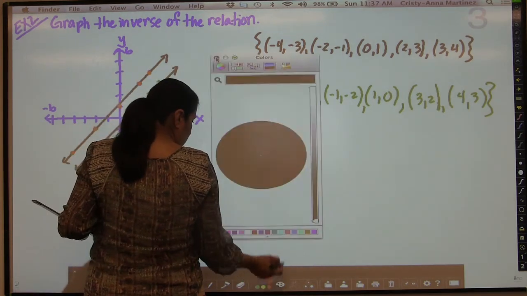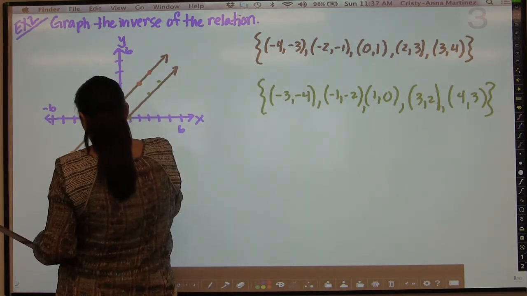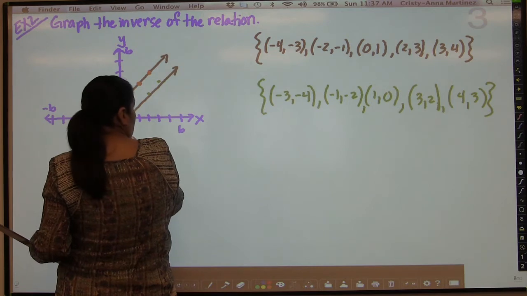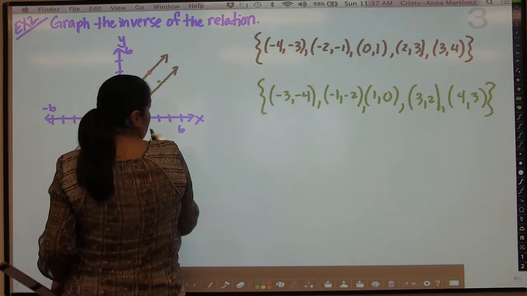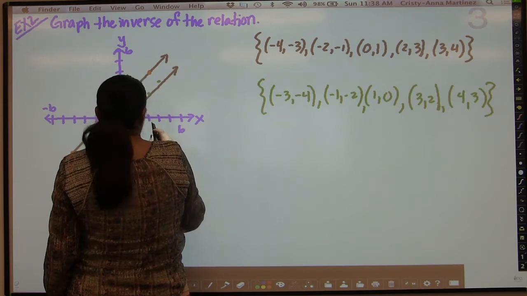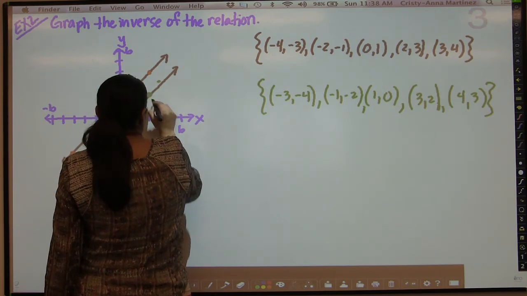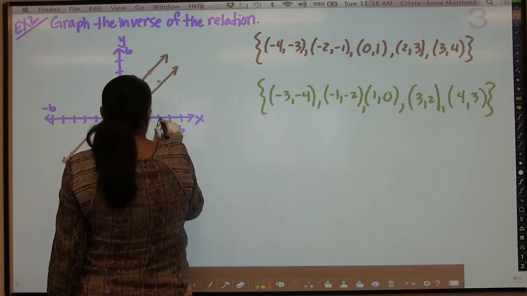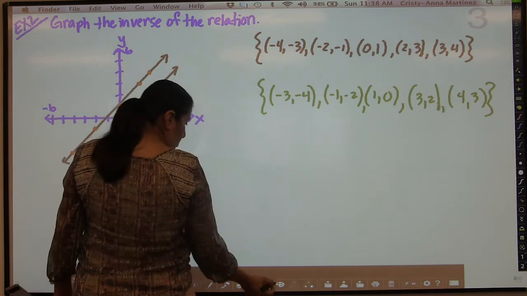Get my points a little bigger so you can see them. (-1, -2) is right there. (1, 0), (3, 2), and (4, 3). Right about there.